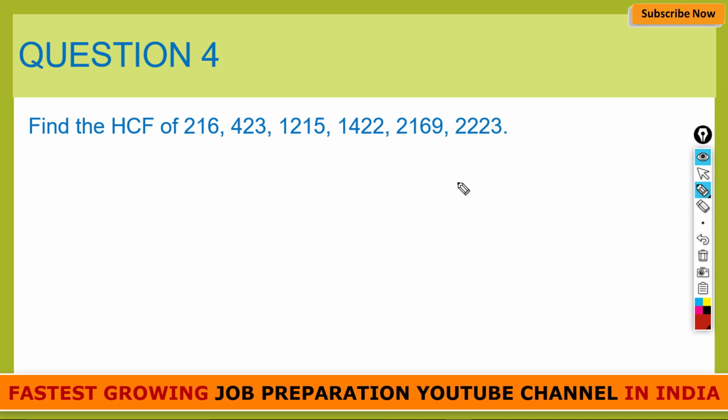So see, question number 4 is find the HCF of 216, 423, 1215, 1422, 2169 and 2223. First we have to check which numbers have the least difference between them. I have checked here.